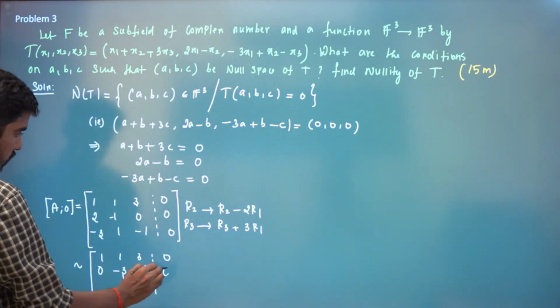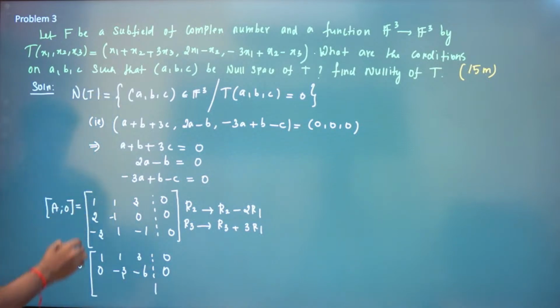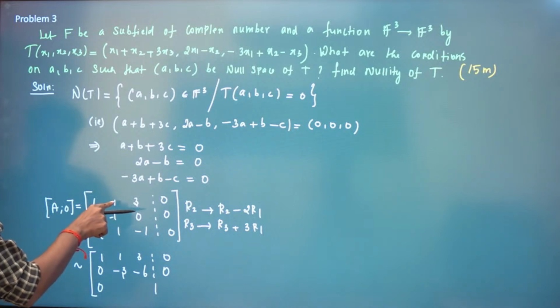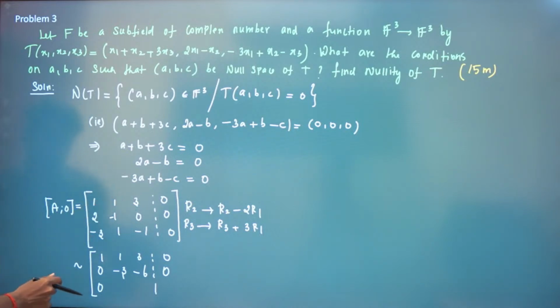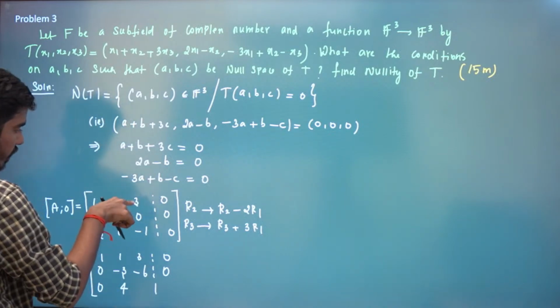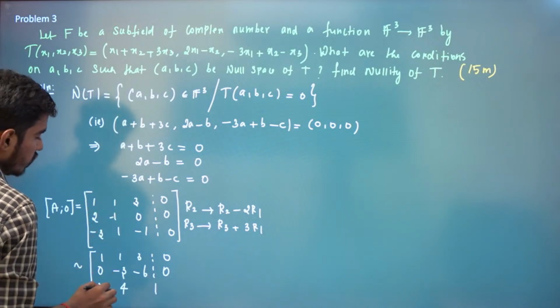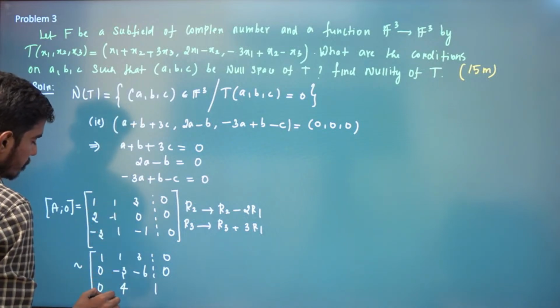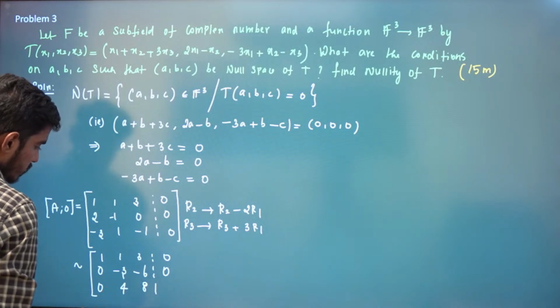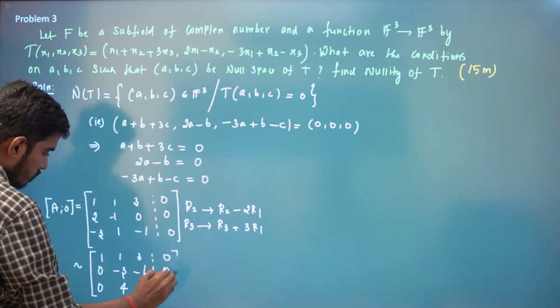It will be -6, then 0. You multiply by 3 and then you add. If you multiply 3, it will be 9 minus 1 plus 9, which is 8, and then 0, right?